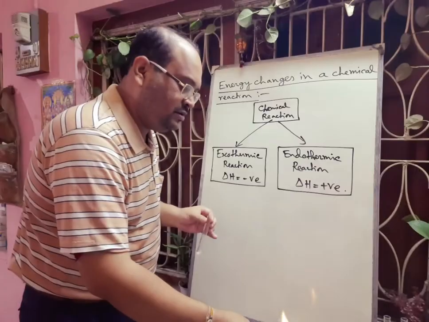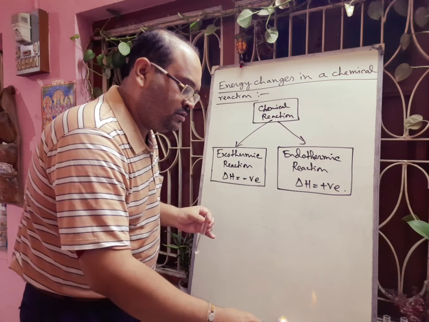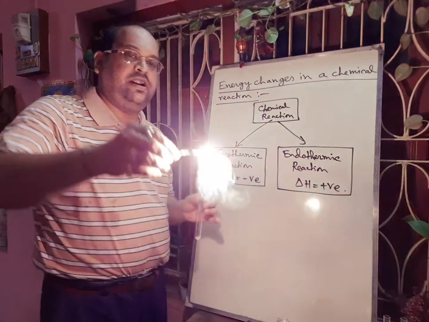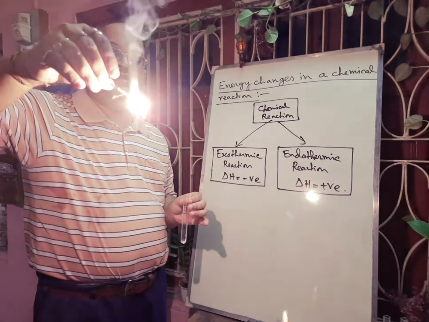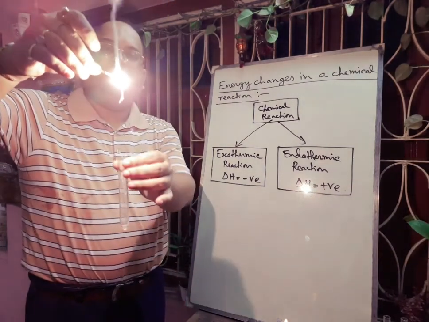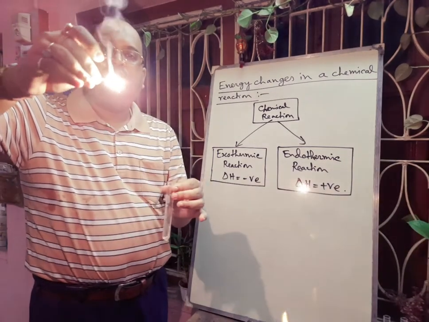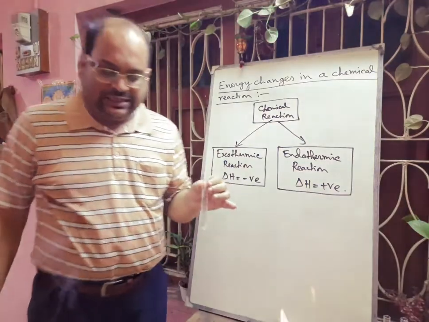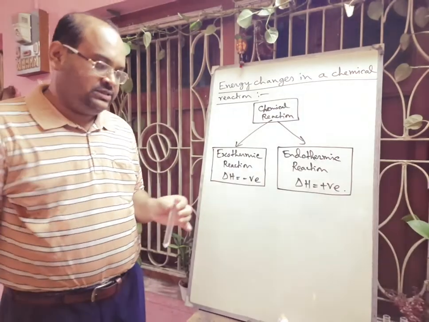Again, we are burning this magnesium ribbon. Here you observe that a huge amount of light and heat is produced, and that is why this is used in firecrackers.